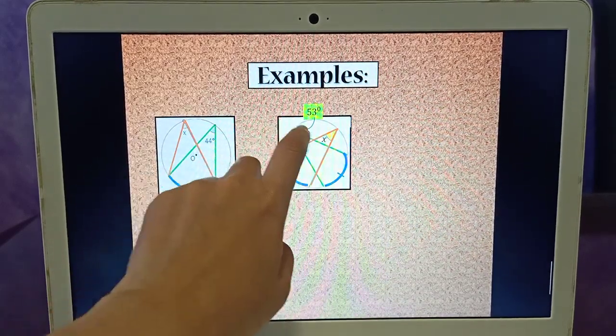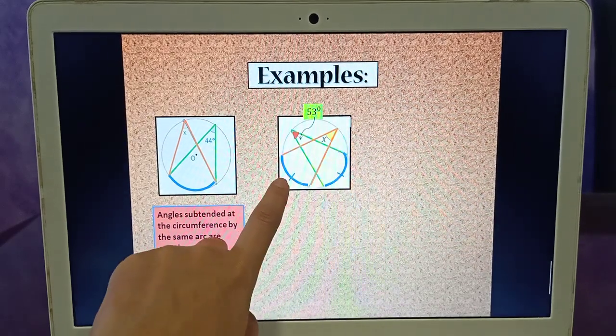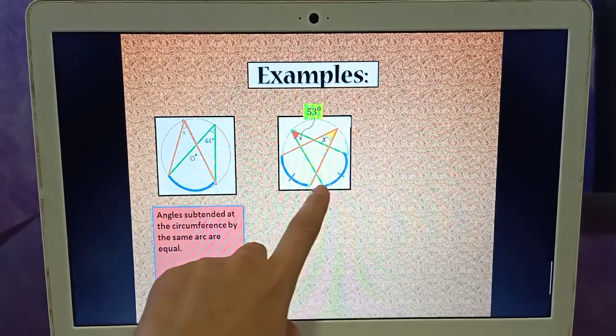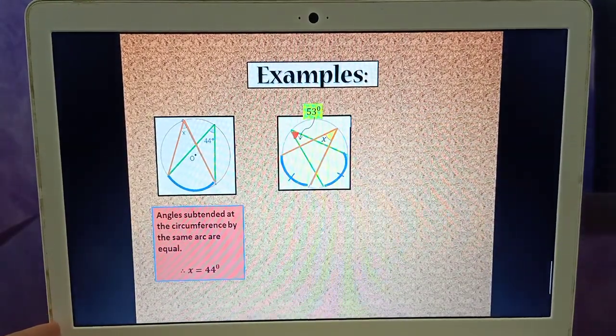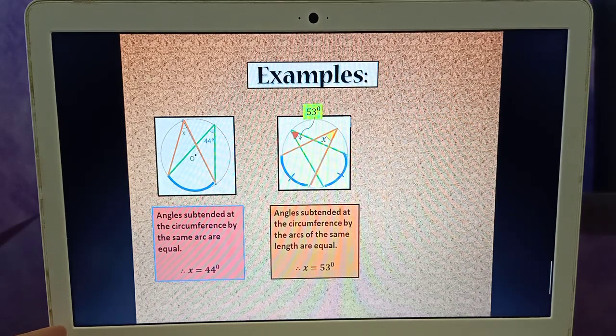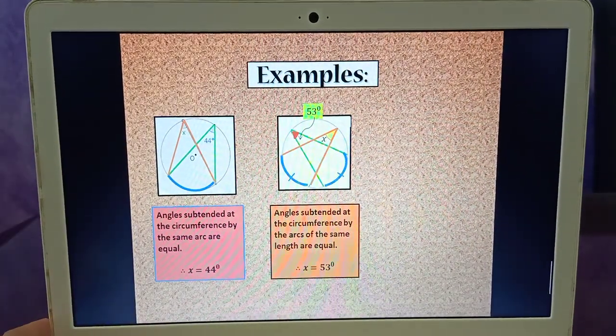The green one also by the blue arc. Why did the teacher use the same color? Because they have the same length. So if they have the same length, their values are also equal. The value of the angle is also equal, because angles subtended at the circumference by arcs of the same length are equal. So x equals 53 degrees.